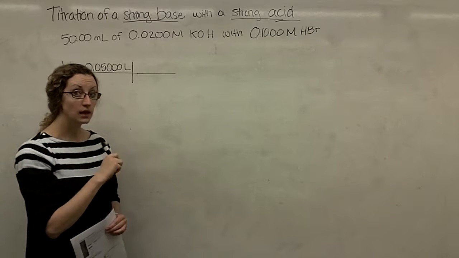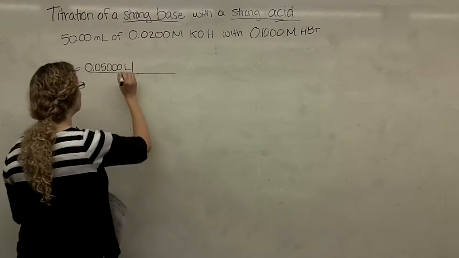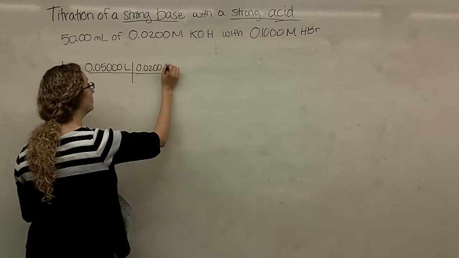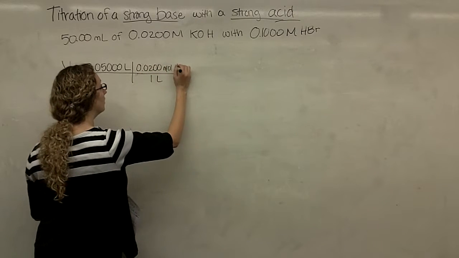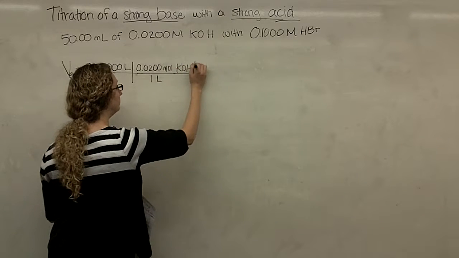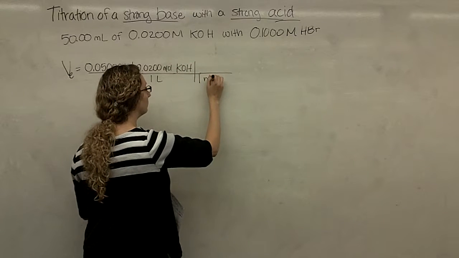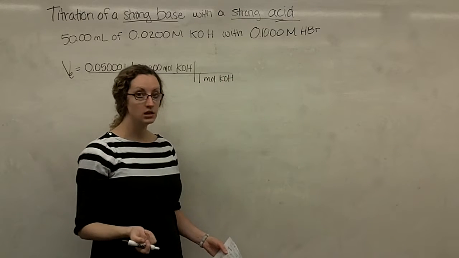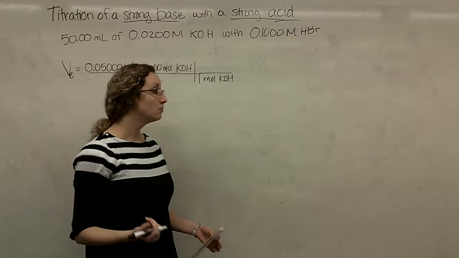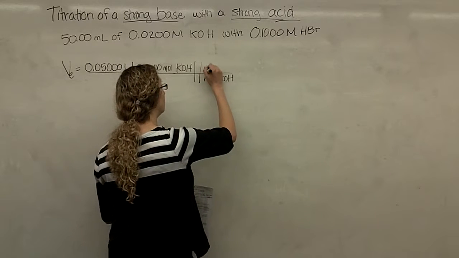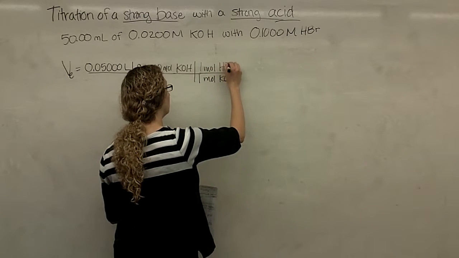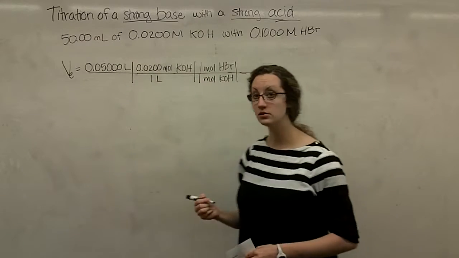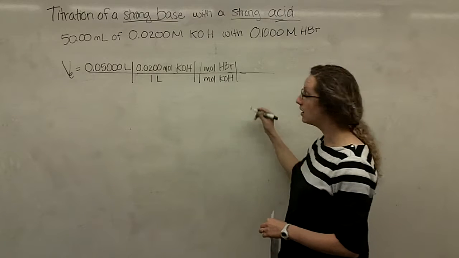I'm going to use the concentration of the base that we started with, 0.0200 moles per 1 liter KOH. We know that for every 1 mole of KOH, it's going to react with 1 mole of your HBr. And then finally, we'll have our concentration of our HBr.